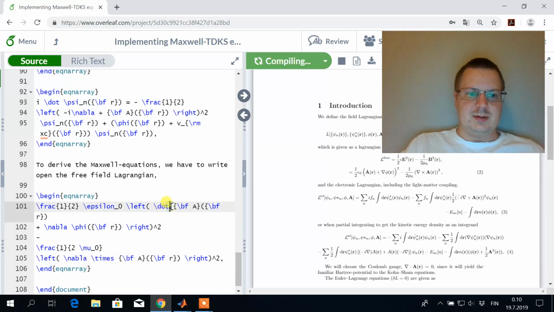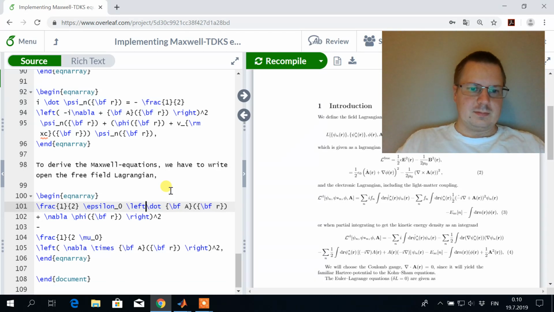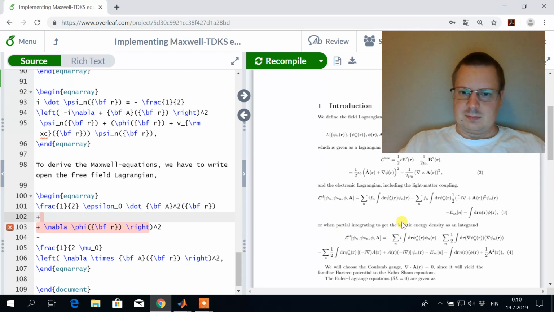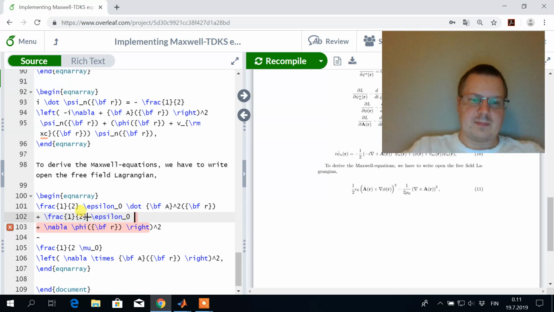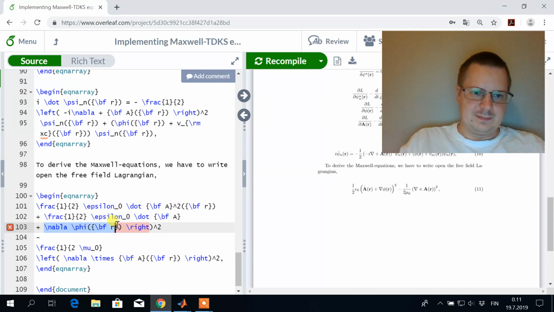And so dot A, so it's dot A squared, and then it's dot A times del phi.